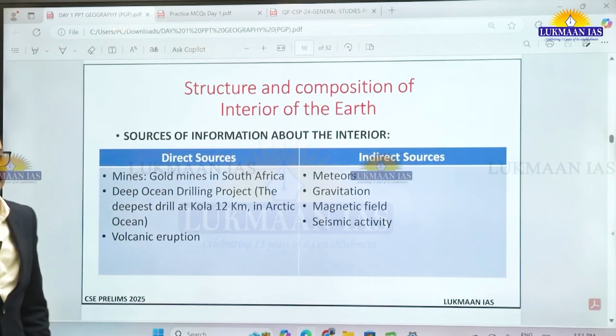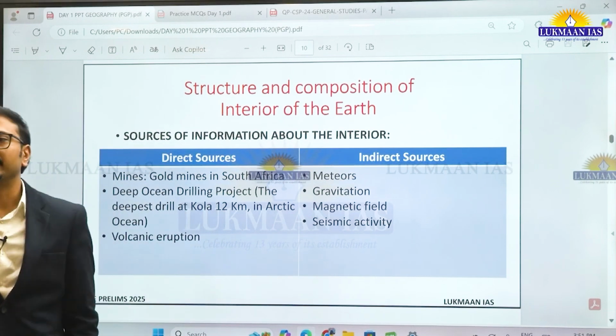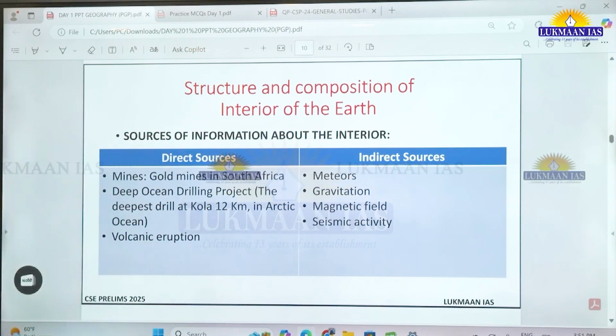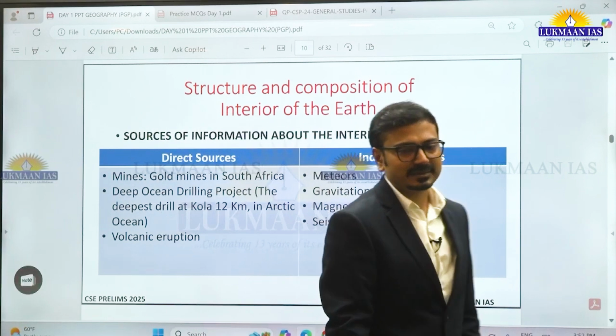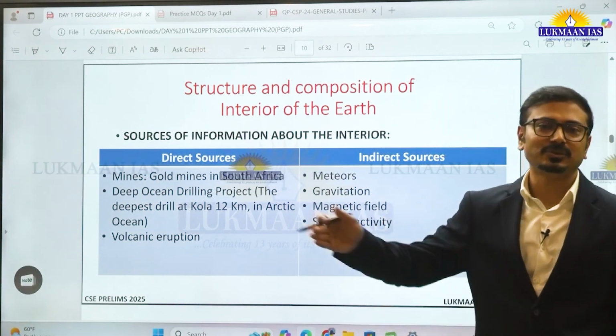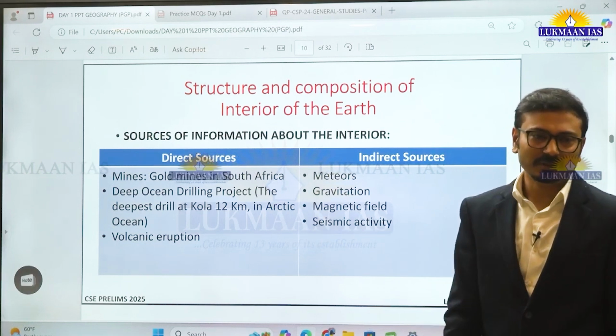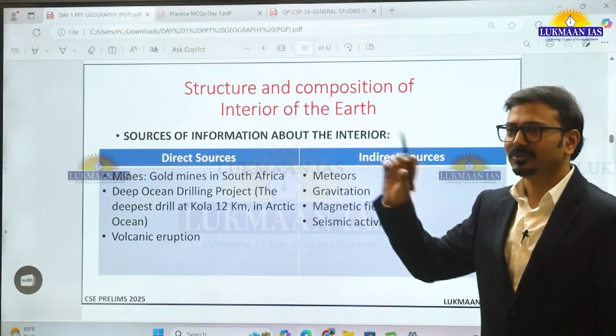Now, the structure and composition of the interior of the earth. First of all, the sources: direct sources and indirect sources. 10 to 15 years back, UPSC used to ask simple direct questions like which of the following are indirect sources of information, or how many of the above are direct sources of information.